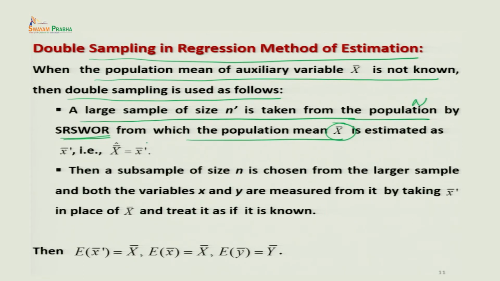So, this X bar hat becomes small x bar prime. That is the same thing what we have done up to now. I am simply doing the same analysis here once again.